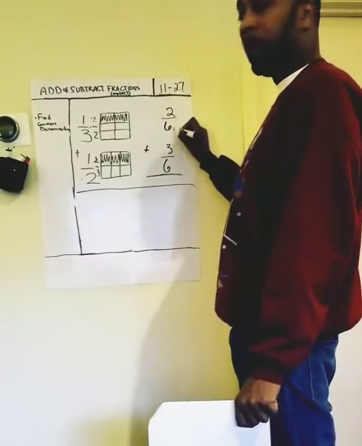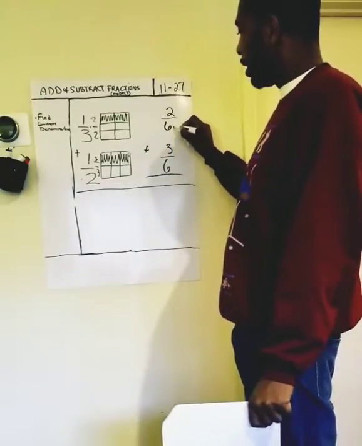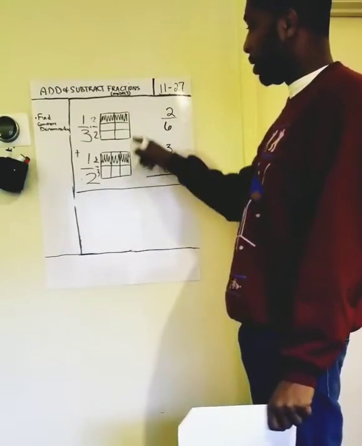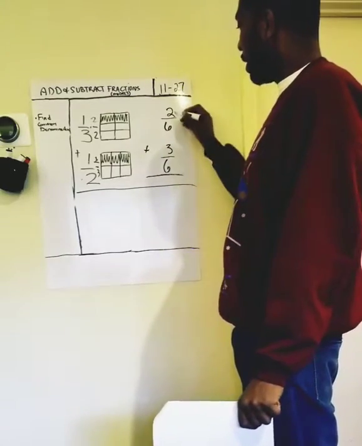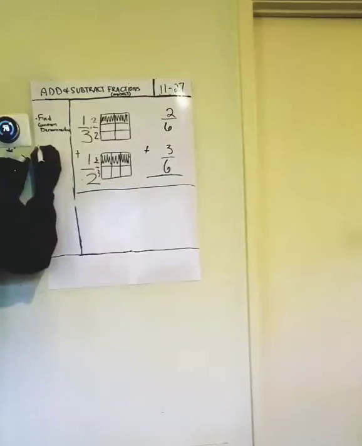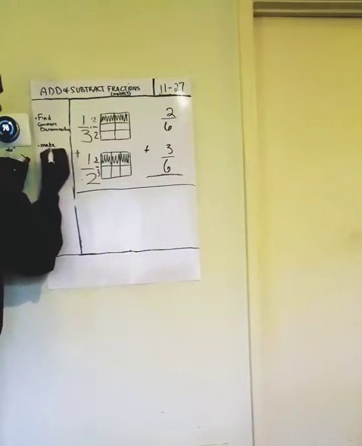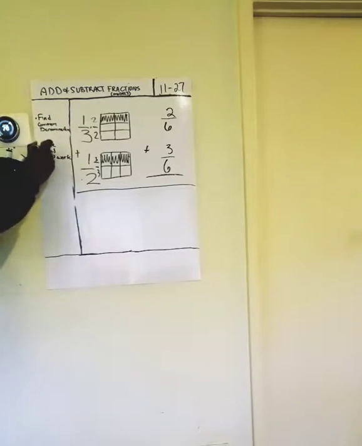Okay, remember we're never adding or subtracting the denominator. The denominator is going to stay the same. It's still going to be 6 boxes. And make your model show the work.